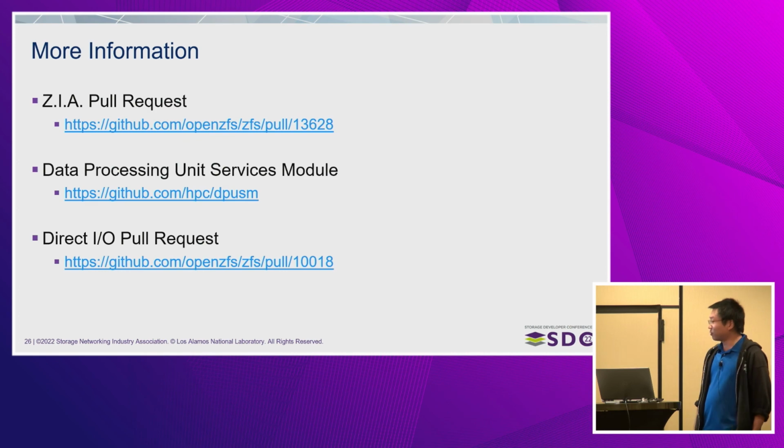So I guess in conclusion, we have offloaded an existing file system with computational storage. For more information, you can find the ZIA code changes on GitHub in the ZFS repository in a pull request. The data processing unit services module can be found in a GitHub repository in the HPC organization.